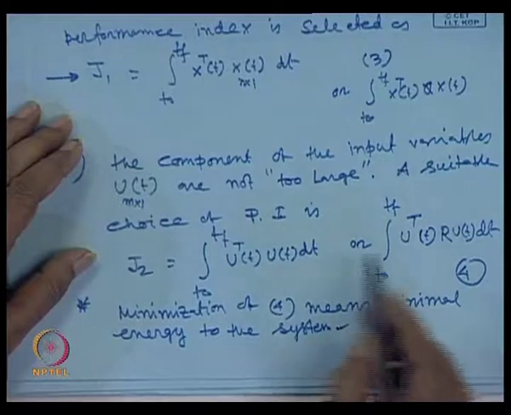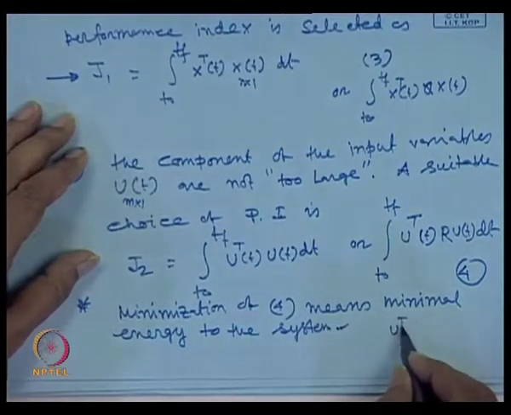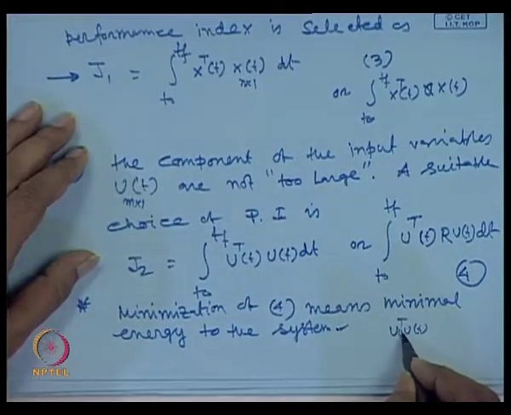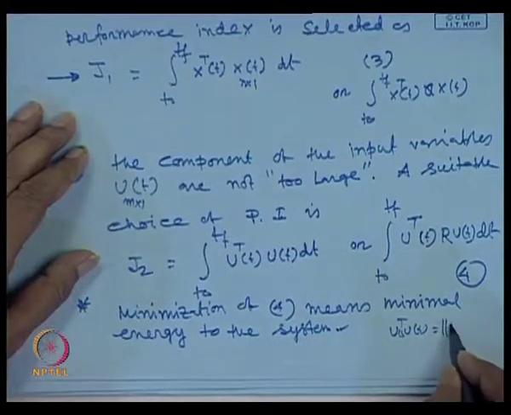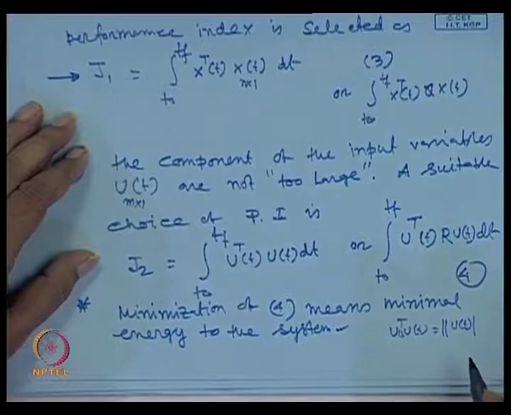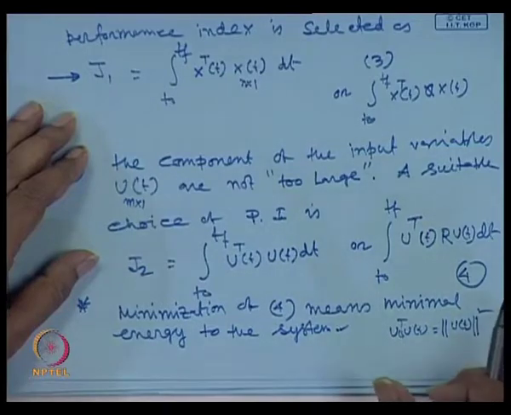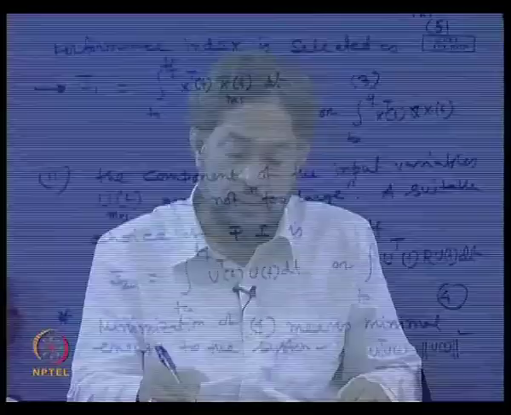So u transpose u indicates the norm of u of t squared. It is nothing but the control effort or control energy applied to the system.